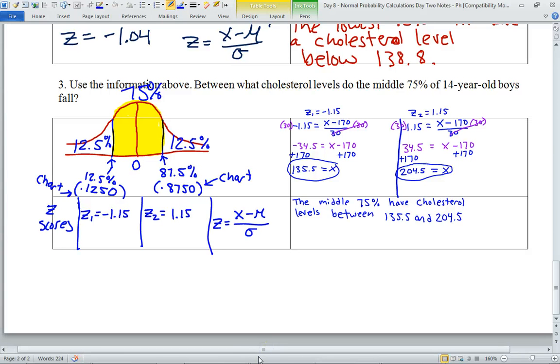Okay, so just to review, that problem is pretty tricky. We were given a middle 75%. As soon as we see that we're given a percent and we're being asked for cholesterol levels, we know that this is one of those problems we have to work backwards, somehow starting from the chart and working back to the values. This one was tougher because they gave us just the middle values.